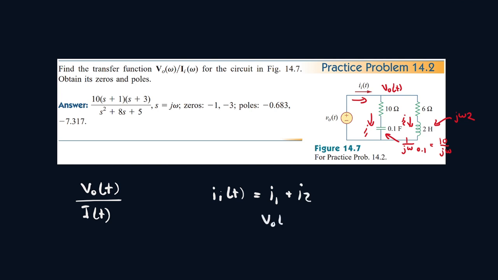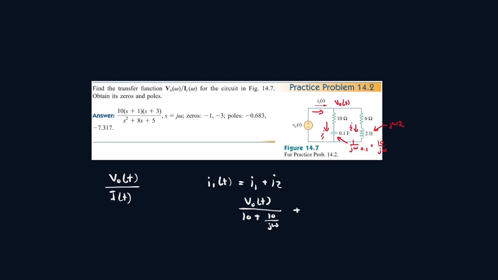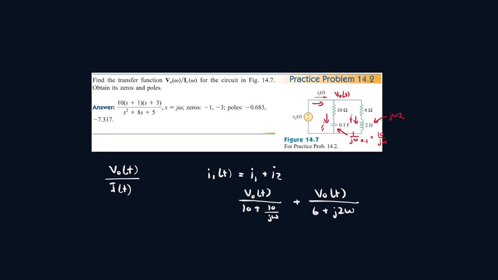So Vo of t all over 10 plus 10 over jw, plus I2, which will be Vo of t all over 6 plus j2w, and this is all equal to I of t.